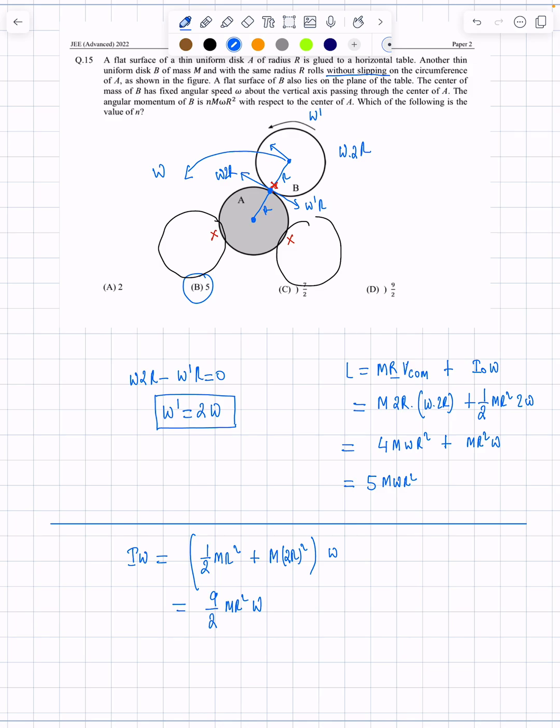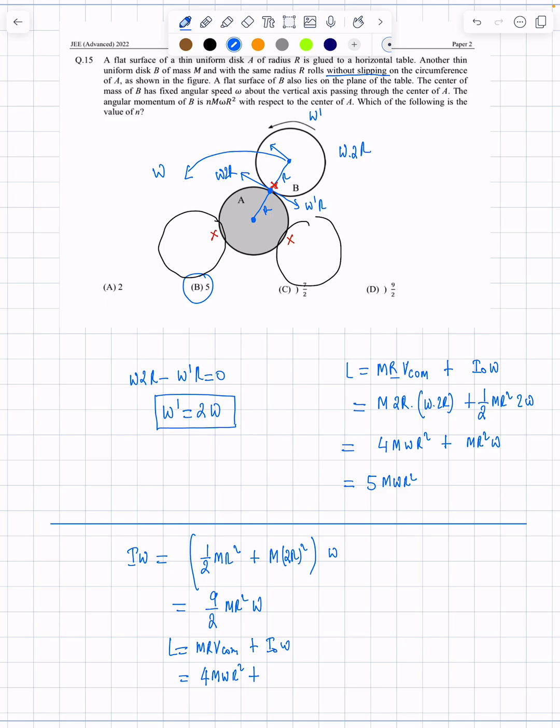Another way to solve this question is to use this formula, which says L is m r VCOM plus I naught omega. The first term will still be 4m omega r square. Nothing changes there. Now you might think that the way I've shown the red crosses, the disk B is not spinning.